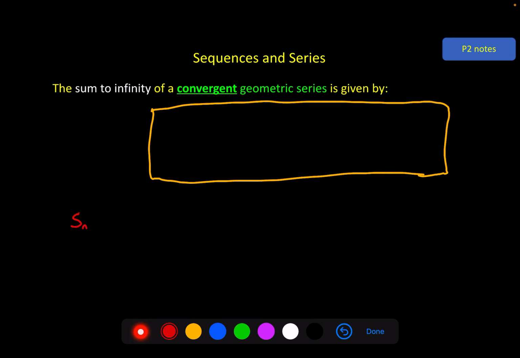So we know the sum to n terms is this, or this.